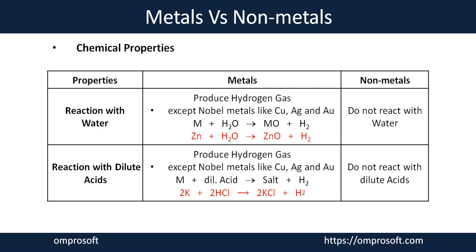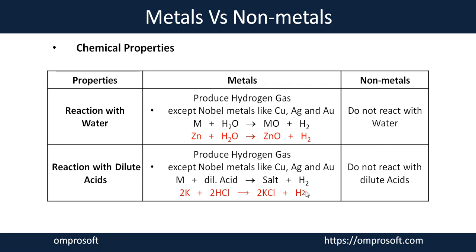When metals react with dilute acids, as with water, they produce hydrogen gas. You can see, M represents metal here. When metal combines with dilute acid, it produces its salt and hydrogen gas is liberated. For example, potassium, which is the most reactive metal, when it reacts with a dilute acid, say hydrogen chloride, produces potassium chloride as a salt and hydrogen gas is liberated here.